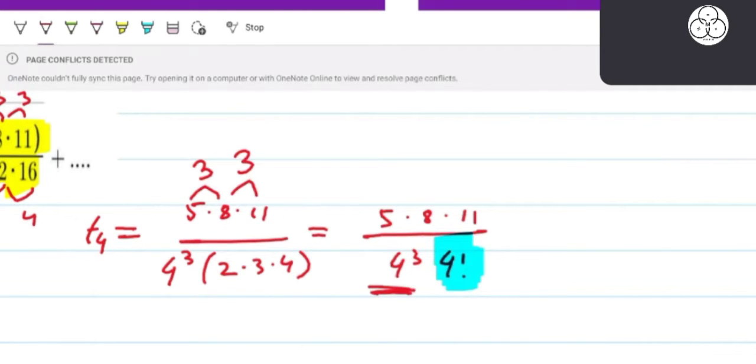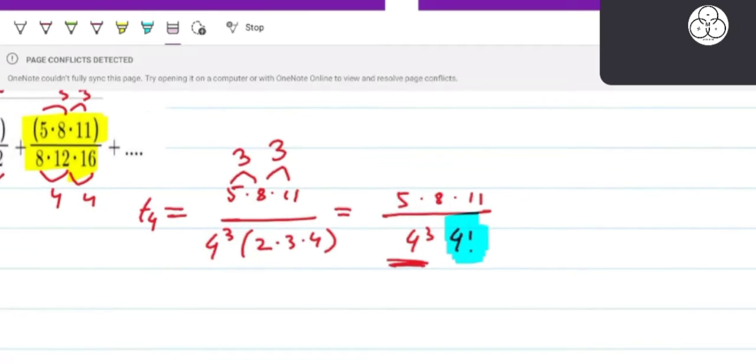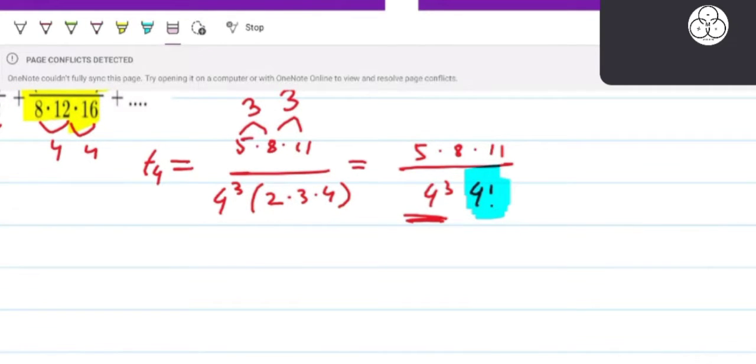And if we want to use the expansion of (1 plus x) whole to the power n, we need to be a little bit more careful. Since these terms are increasing by 3, let us divide them by 3. What is the benefit that we will get after dividing them by 3?